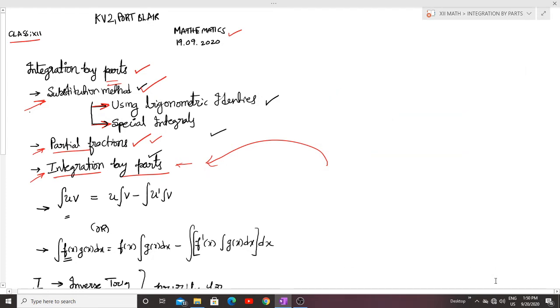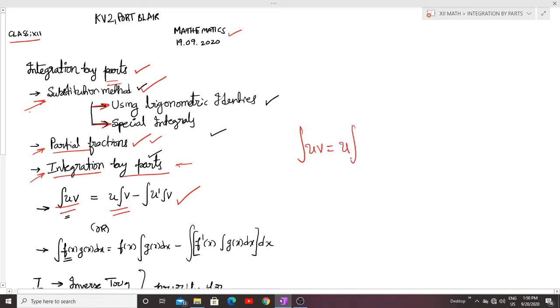We should know the formula for integration by parts. The formula is: integration of uv is equal to u integration v minus integration of u dash integration v. This is also the product rule. For our convenience I wrote this formula in terms of uv.